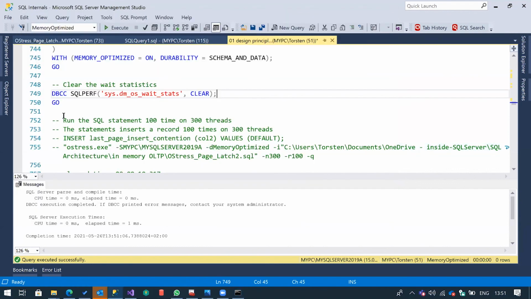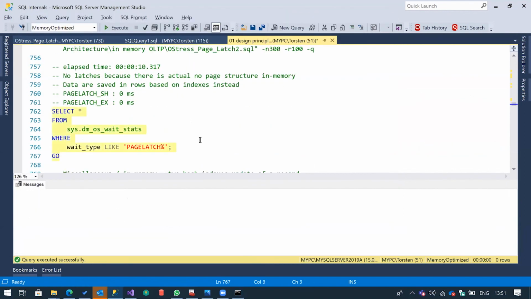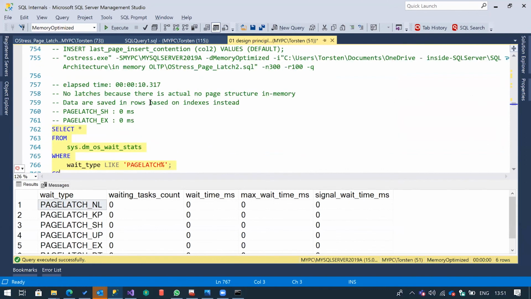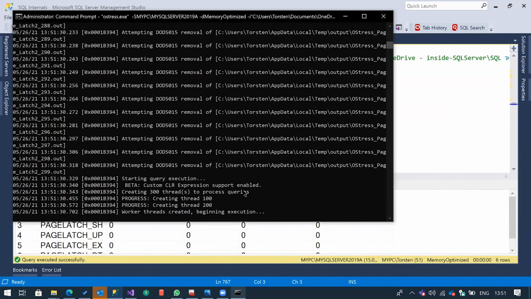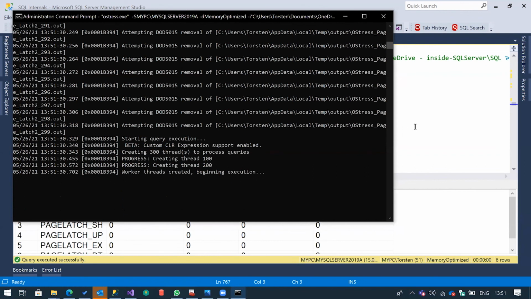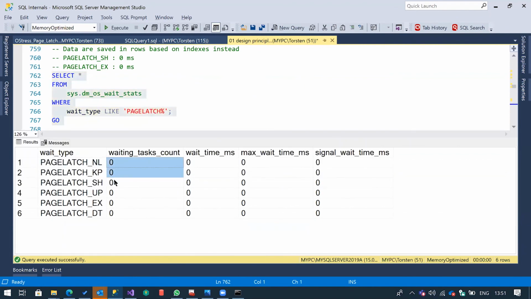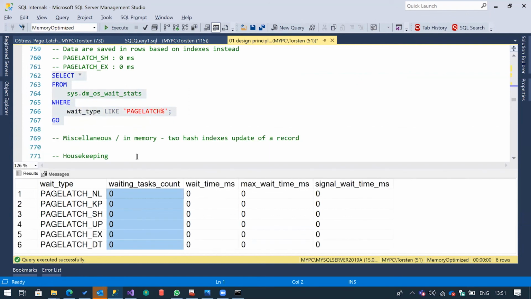And when I now execute the DMO's wait stats, after, and I'm pretty sure this is all, no, it's not gone, it's not done. Wait for another, I don't know, 10 seconds or whatever, but you can see, and believe me, this is not getting worse. We will end up with no page latch contention, because again, we do not have something like a page available.